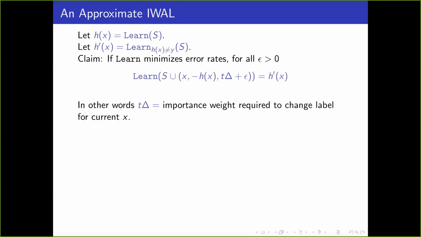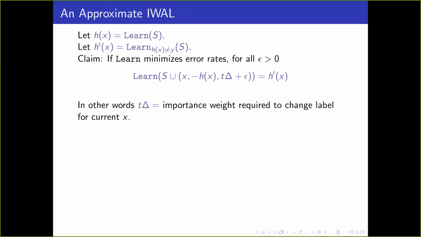What does this mean? The difference between h of x and h prime of x is one example with the same features as the present one, the opposite label from our predicted label, and an unknown importance weight. We could search for this importance weight, or do something else. There are various ways to figure it out, but the only thing we need to figure out in order to run our algorithm is essentially the importance weight.